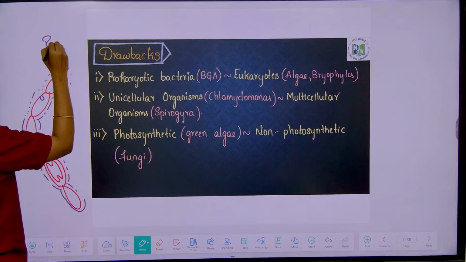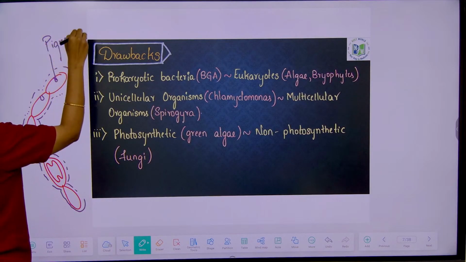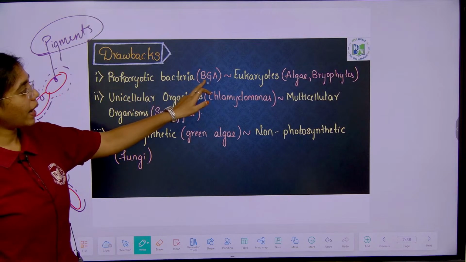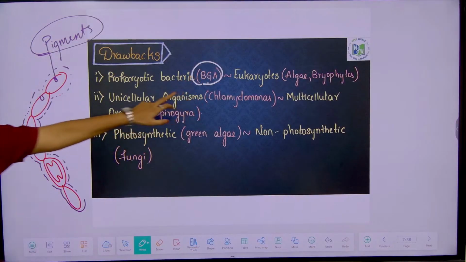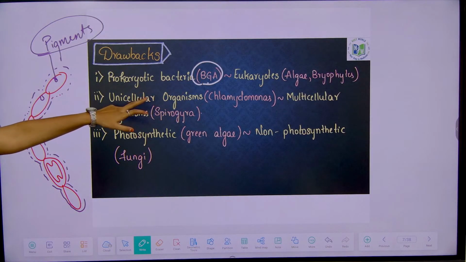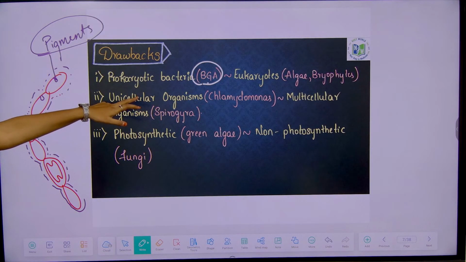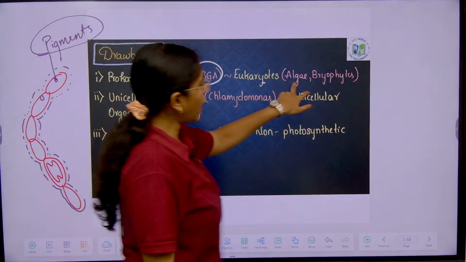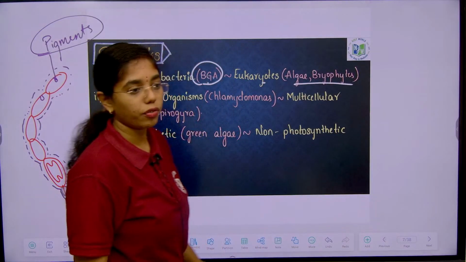Pigments, like chlorophyll and carotenoids, and they will be conducting what? Photosynthesis. Likewise, blue-green algae is a prokaryote because it does not have a membrane bound nucleus, and it is placed along with eukaryotes like algae and bryophytes.